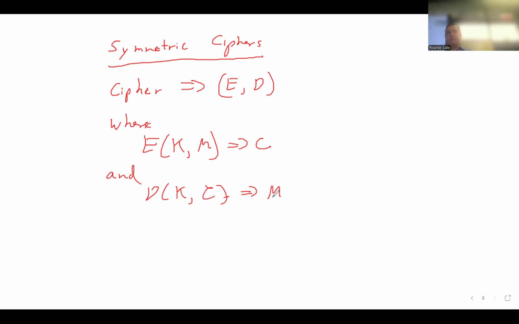And this has to be subject to something called the consistency equation, which has to hold exactly, so equal.